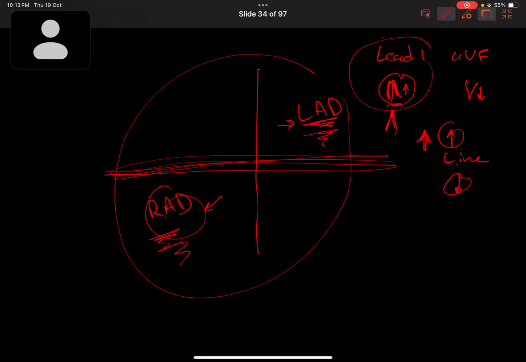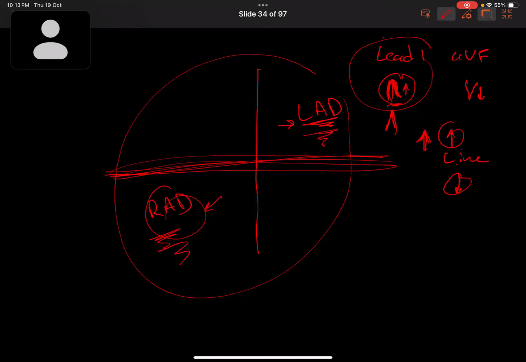In both left axis and right axis deviation, the R waves in lead 1 and AVF are facing opposite sides. How do you know which one is which? By this trick, which is basically learning how to draw this circle. You just remember that the left axis deviation is above the line, meaning that the R wave in lead 1 is facing upwards.